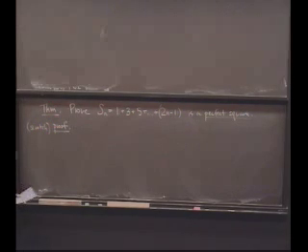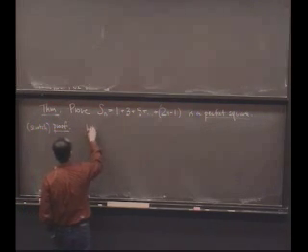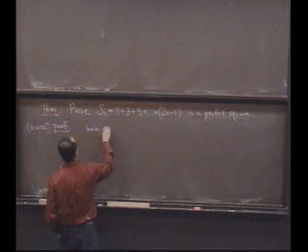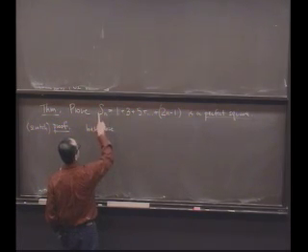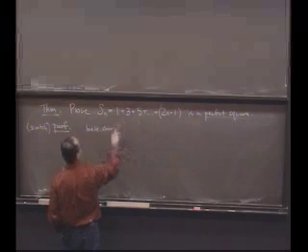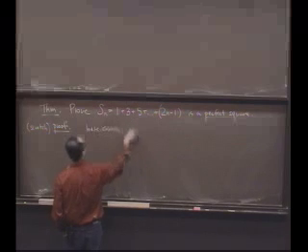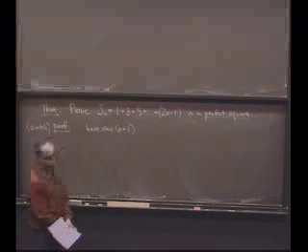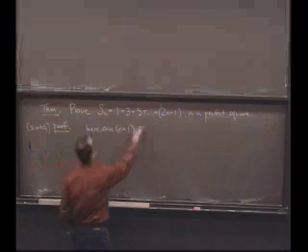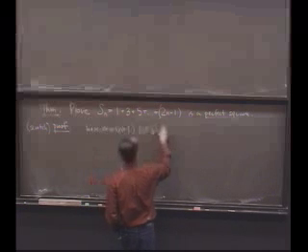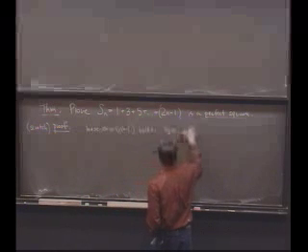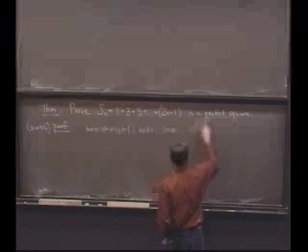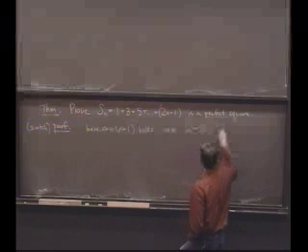Here we go. For the base case, is it true? The base case is n equals 1. Base case holds since S1 equals 1, which is 1 squared, as desired.